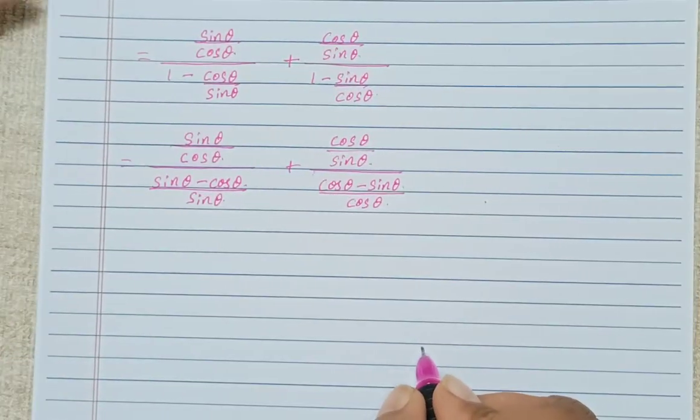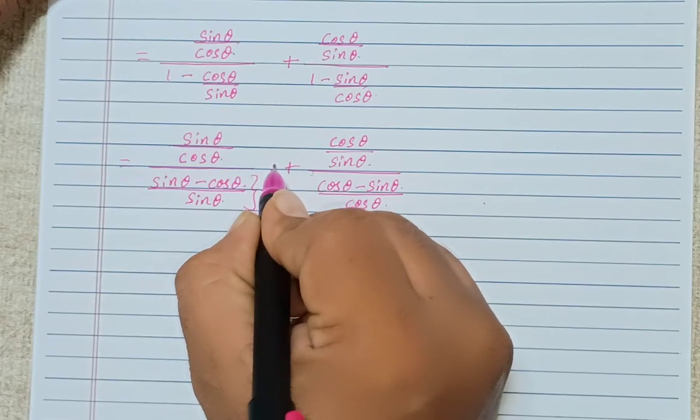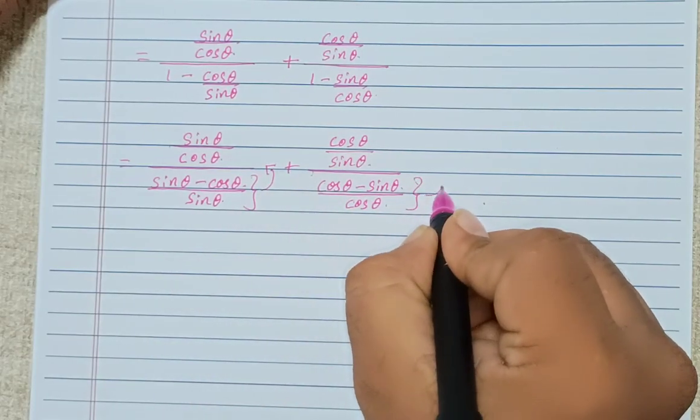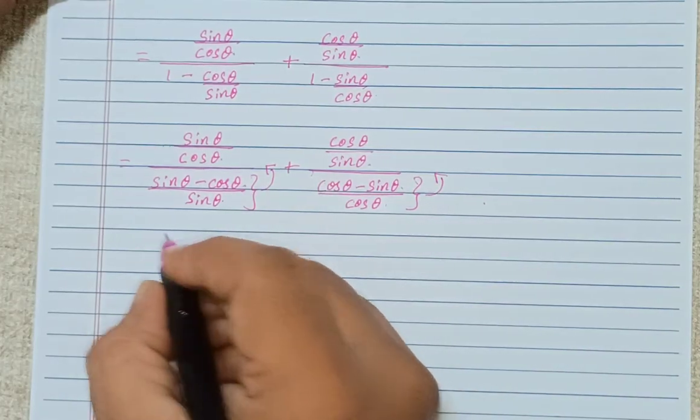Okay. Now I will take this part towards the numerator, so the denominator goes to the numerator and the numerator to the denominator.